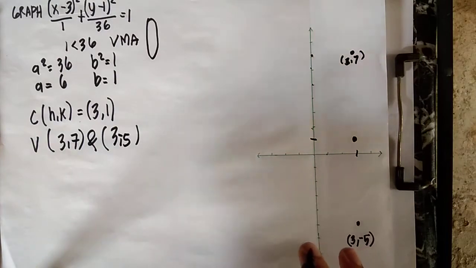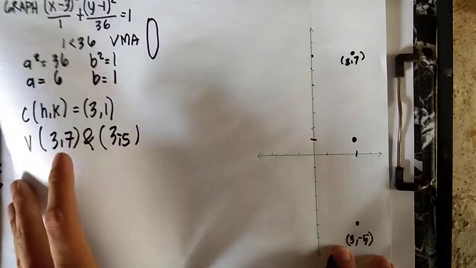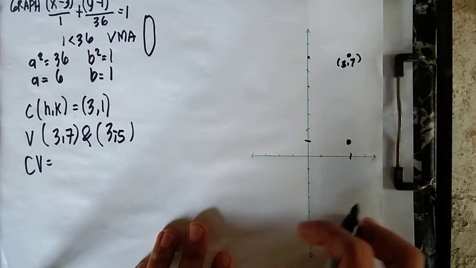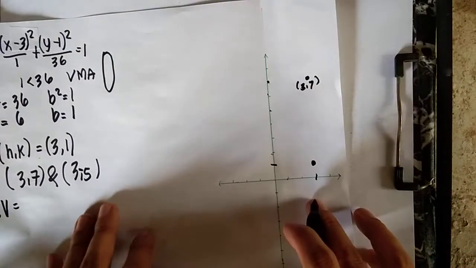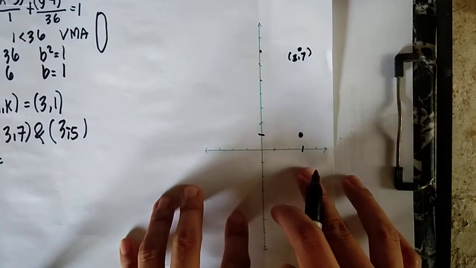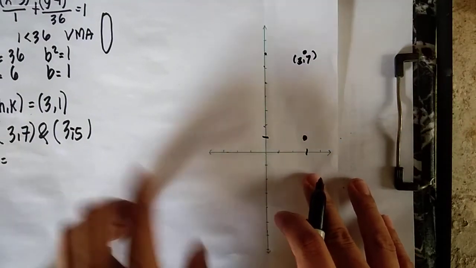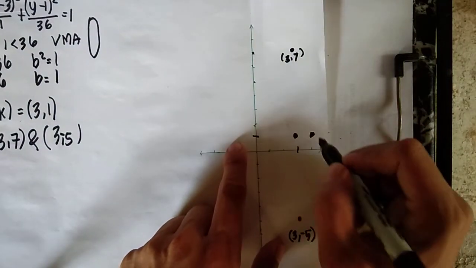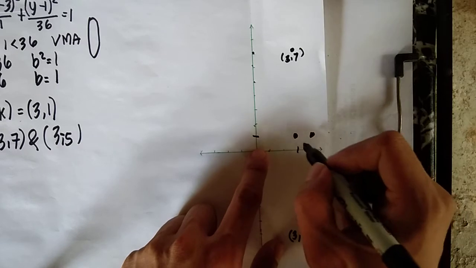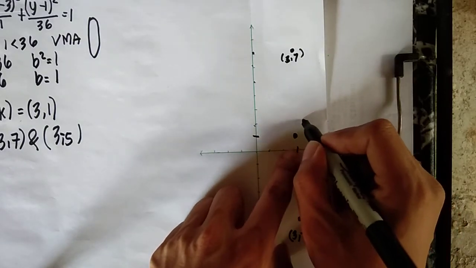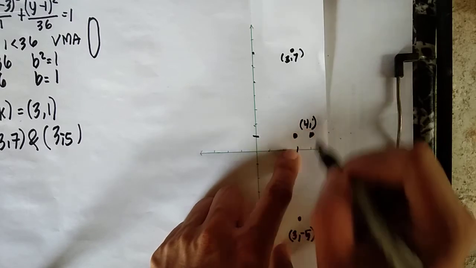Next is, yung ating namang horizontal axis o yung co-vertex niya. So, yung ating co-vertex, bibilang tayo ng ilang units? Isa mula dun sa ating center. So, bibilang tayo ng 1 unit pa kanan. So, this is it. And then, ang coordinate naman nito ay 4, 1.